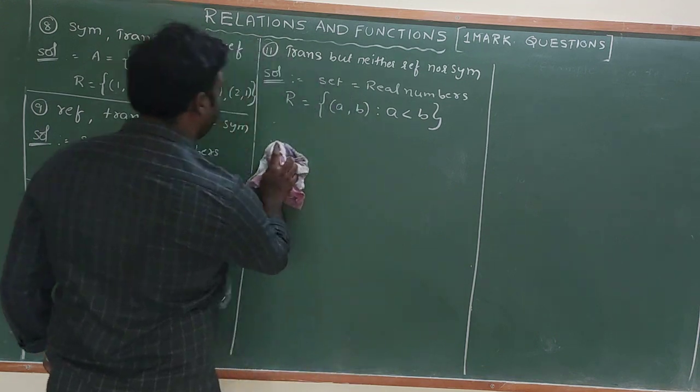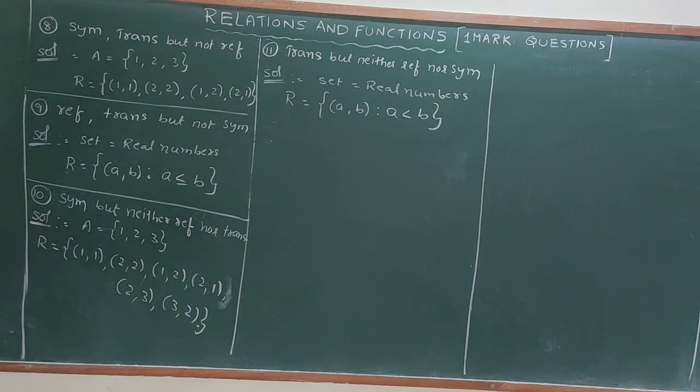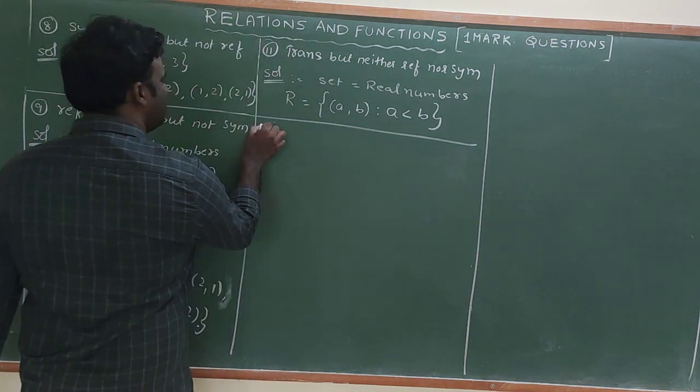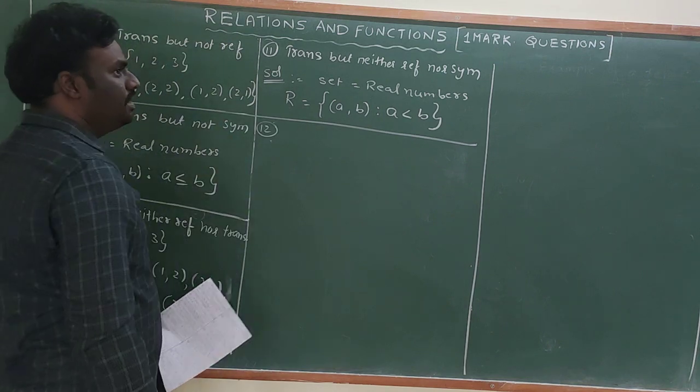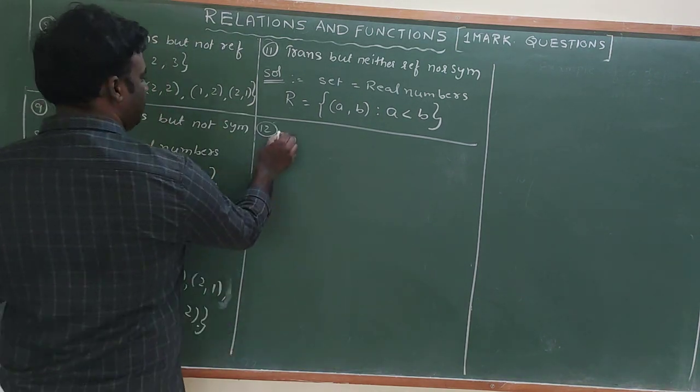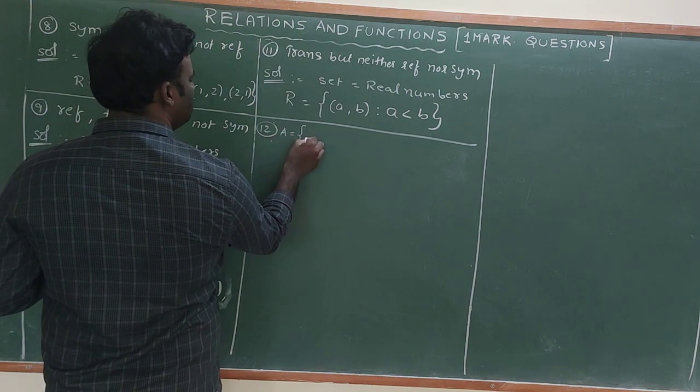Okay. Next, we will discuss question number 12. See, what is question number 12? They have given the set A = {1, 2, 3}.